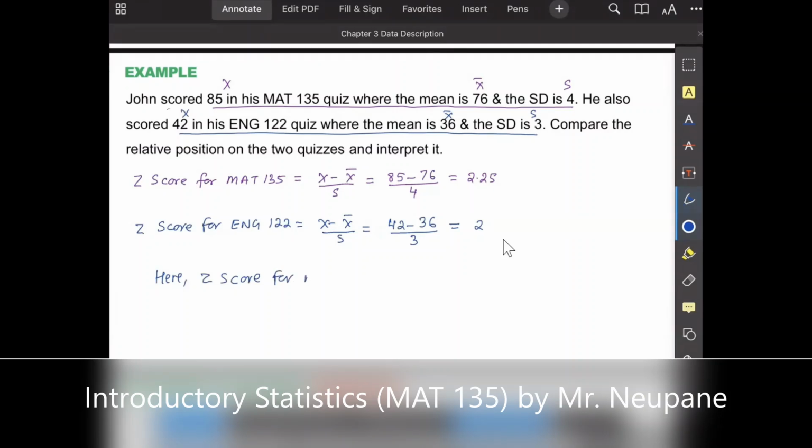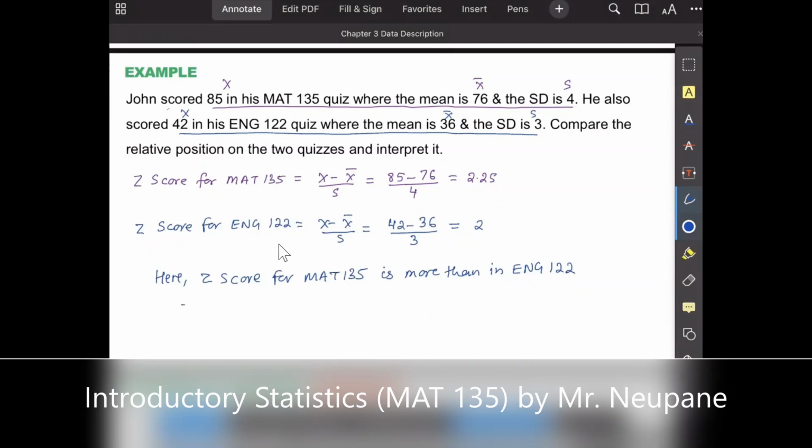The z-score for Math 135 is more than in English 122. That means that if the z-score is more, he's performing well on that. We are asked to compare the relative position on the two quizzes and interpret it. He is higher in Math 135.